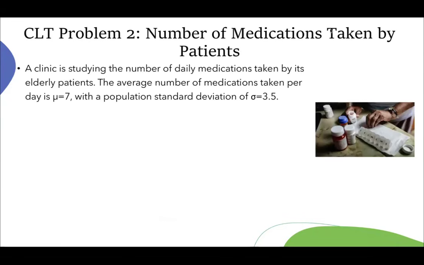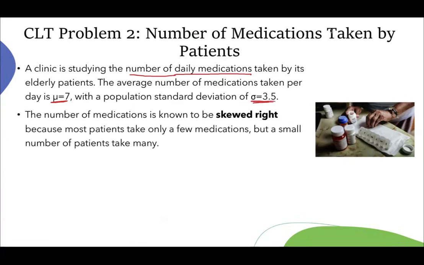Okay, let's look at another problem. We're measuring or studying the number of daily medications taken by elderly patients. The average number of medications taken per day, and we're given a mean of 7 and a population standard deviation of 3.5. We have a shape. We're told that it's skewed to the right.